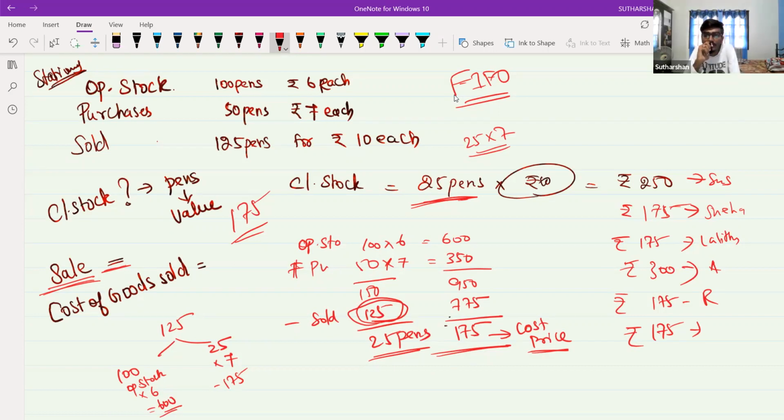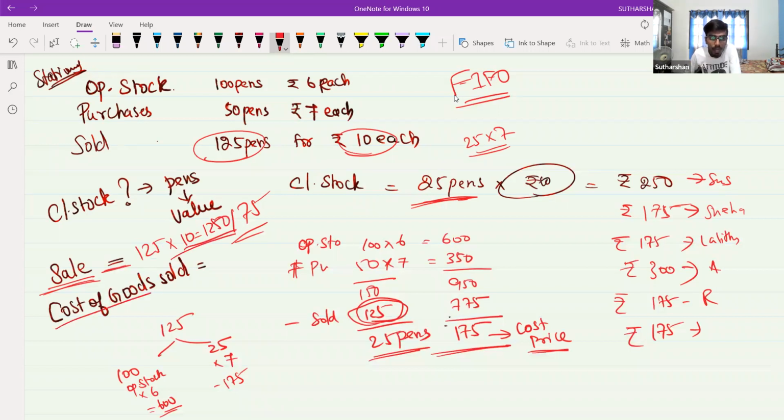Atmika? 1200. Ramana? Sir, 1250. How are you saying 1250? Sir, 6 pence into 600, sir. Okay, not like that. You can directly multiply 125 pence into 10. Okay, sir. 125 into 10, you directly get 1250.